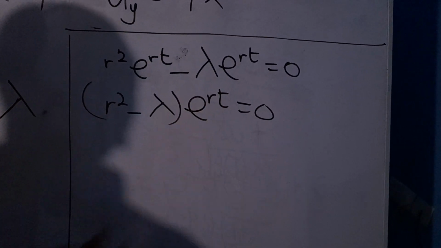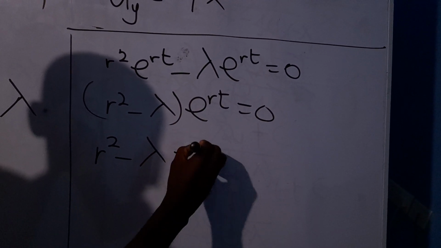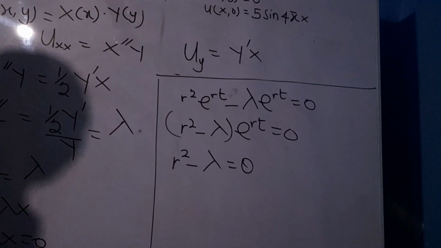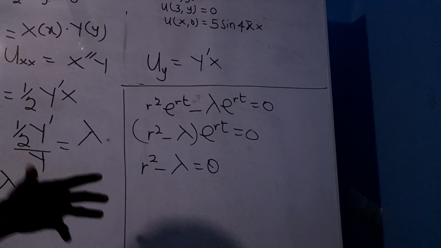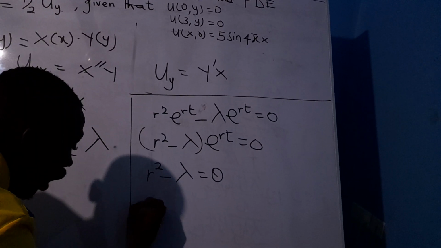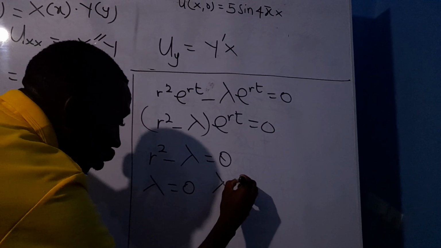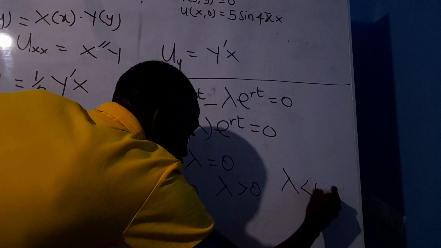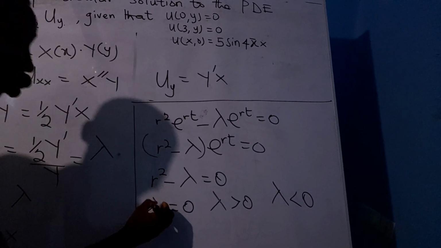When we divide both sides by e exponent r t, we get r squared minus lambda equal to 0. Now, the value of lambda will depend on three things. First, lambda can be equal to 0, lambda can be greater than 0, or lambda can be less than 0. So that we'll get the possible roots.